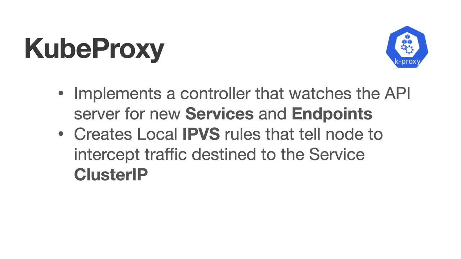This is important. Now, you might be wondering, what is IPVS? IPVS stands for IP Virtual Server, and it is built on top of Netfilter and implements transport layer load balancing as part of the Linux kernel.